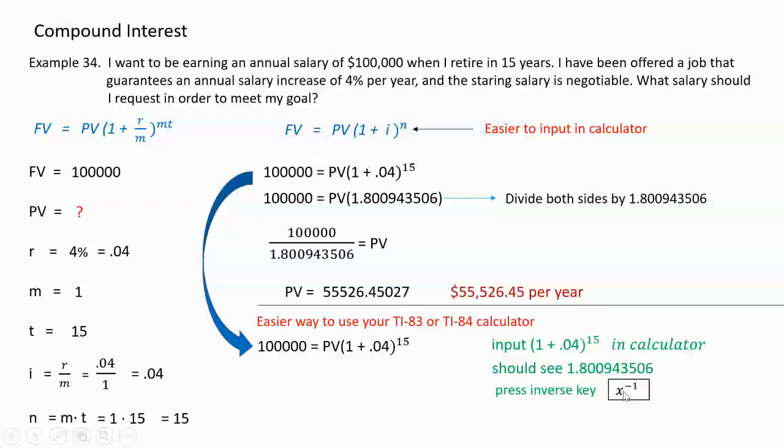It's on the first column, the fourth row, where it says matrix. That's the key you're going to be using. When you press that key, this is what you see in the calculator. Then you enter the 100,000, and there's your solution.